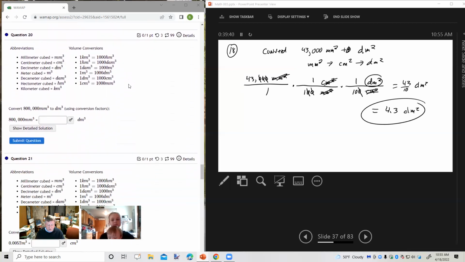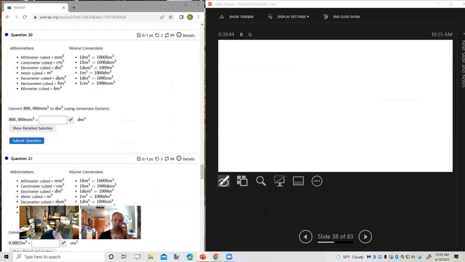Let's take a look at cubic. So if we're dealing with cubic units, let's see if I can draw a cube here. Maybe, maybe not. I was doing so well. And then let's say that it's 1 centimeter by 1 centimeter by 1 centimeter.